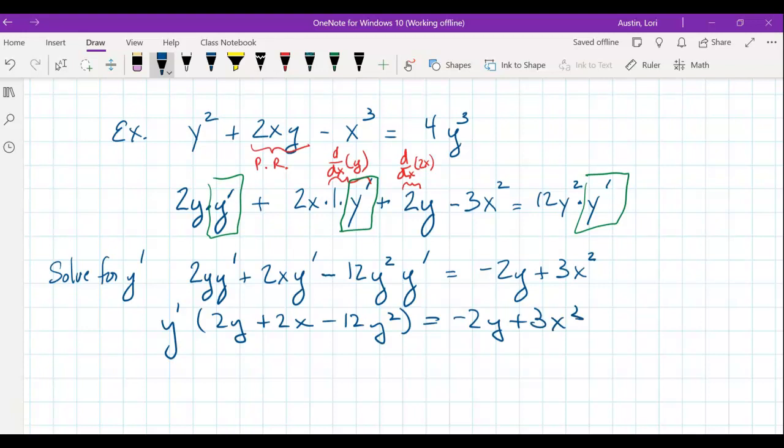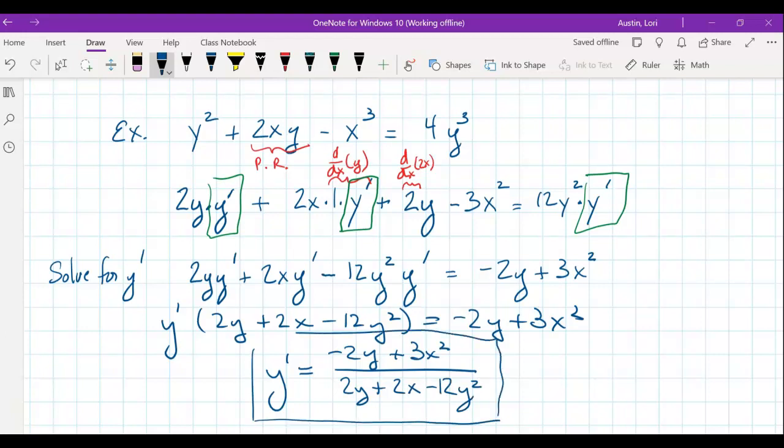They're not the neatest answers. That is the derivative.